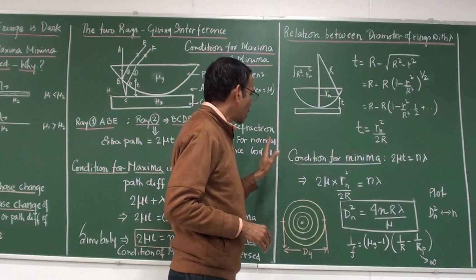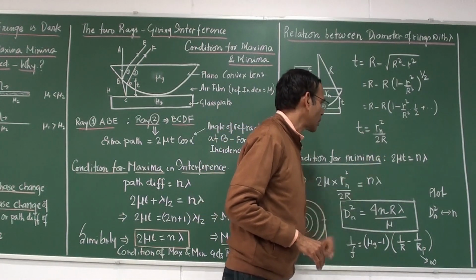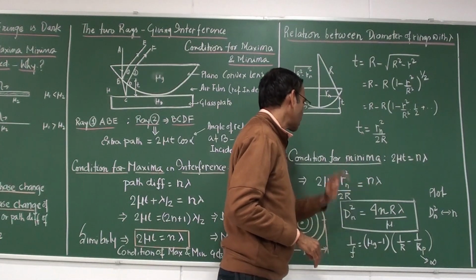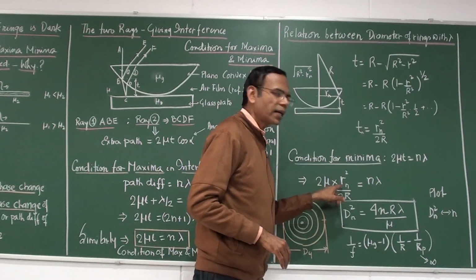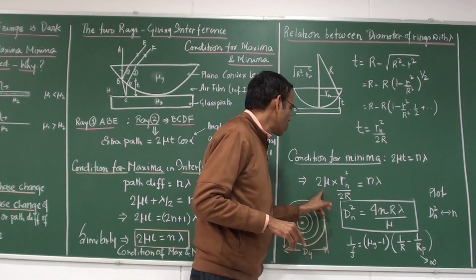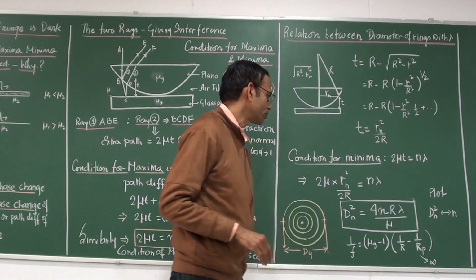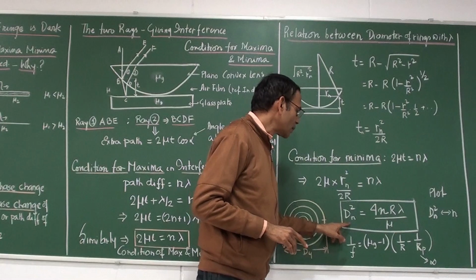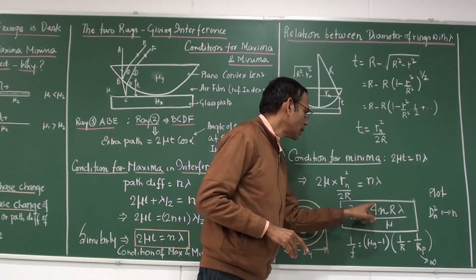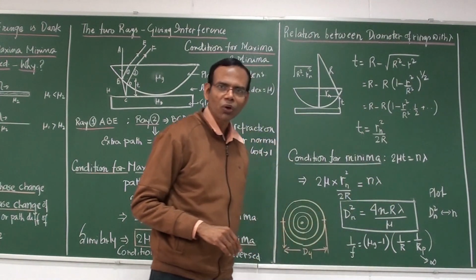So now again we come back to the condition of minima, that is 2 mu t is equal to n lambda. t_n I replace from here, r_n square by 2R is equal to n lambda. Radius I can write in terms of diameter, so d by 2 is the radius. So it becomes d_n square is 4nR lambda by mu. So if I plot a graph between d_n square and n, from the slope one can calculate the value of lambda.